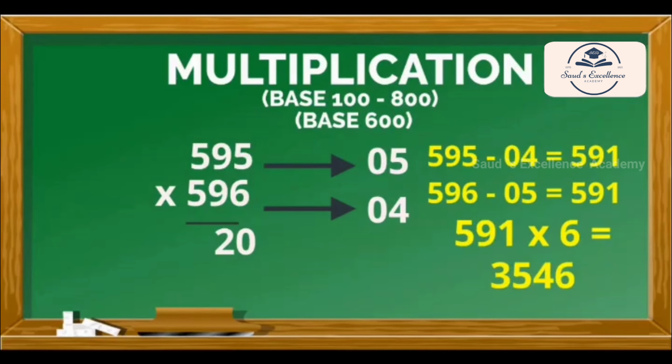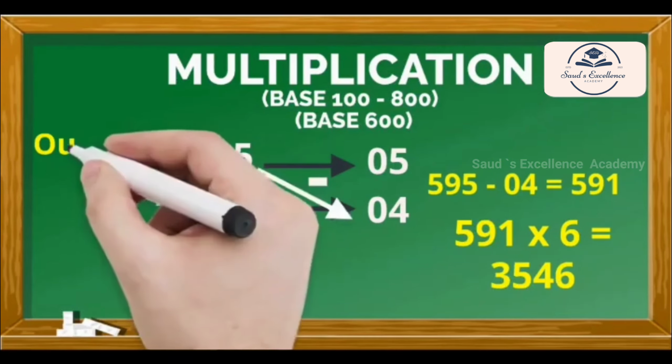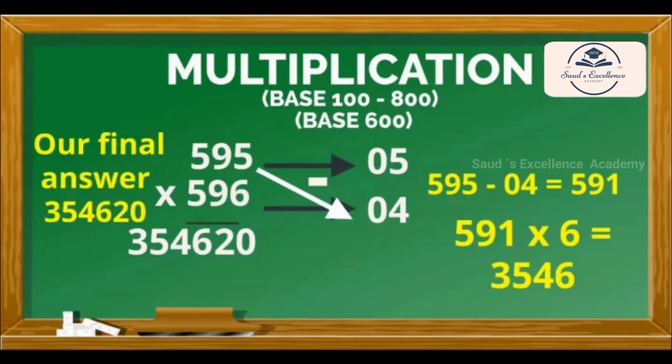For base 600, we take 6, so 591 times 6 equals 3546. We write 3546. Our final answer is 354,620. Similarly, for 300, 400, 500, 600, 700, 800 you can use the same method.